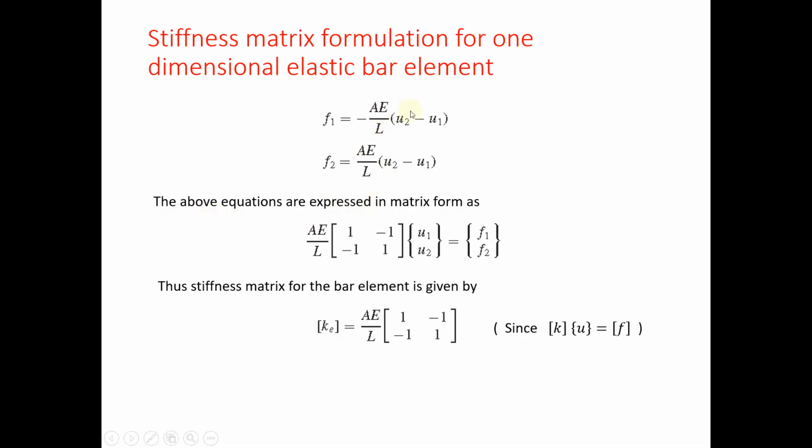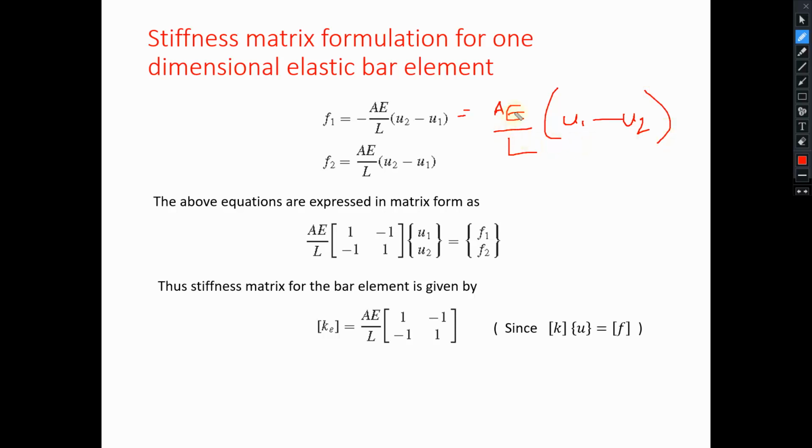So these equations, they are expressed in matrix form like this: AE by L into U1 ന്റെയും U2 ന്റെയും coefficients നമ്മൾ എടുത്ത് എഴുതുക. So this becomes AE by L. So F1 is equal to AE by L into U1 minus U2 എന്ന് വരും. ആ മൈനസ് അകത്തേക്ക് എടുക്കുമ്പോൾ it will become AE by L into U1 minus U2, and this will be U2 minus U1.